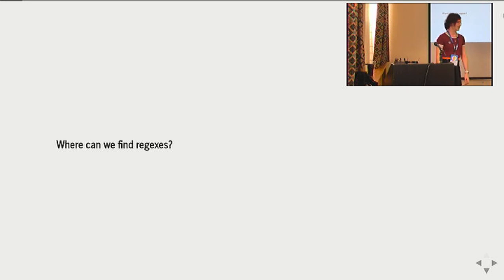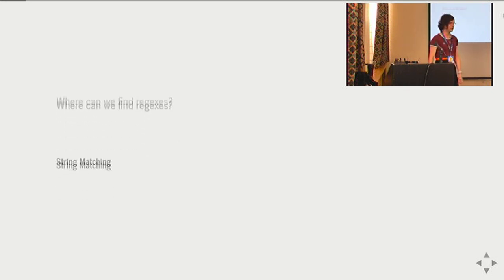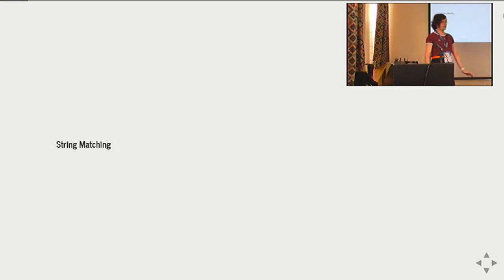But where can we find regexes? All over the place, really. We see them everywhere that you need string matching. So maybe that's in a compiler. Maybe they're matching members of strings in the language, in the programming language. Maybe we see them in web servers. You probably need to know that the string you received is a URL that you are aware of and you know how to handle, or maybe you want to know whether the string that you received includes the subdomain that you're interested in serving a web page for.